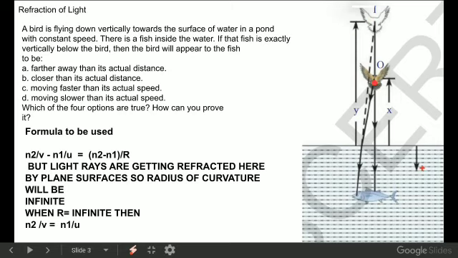If the bird has covered x distance, but the fish experiences that the bird has covered y distance in the same duration of time, then we can say that the bird appears to be moving faster than its actual speed. Remember that.